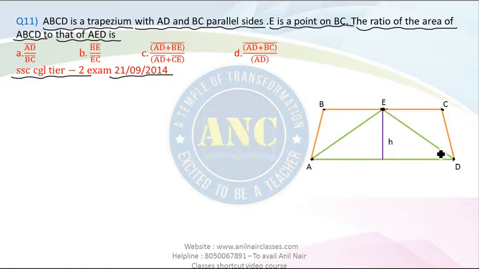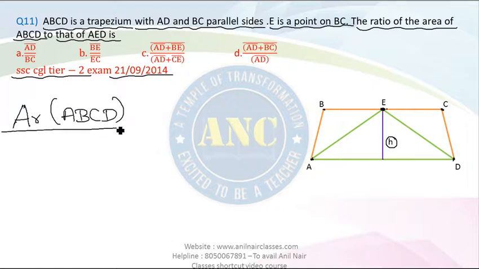This green color triangle AED with this orange color trapezium, ratio I need. Now I will drop a perpendicular from E onto AD. This is nothing but my height H. Very easy question, sir. Area of quadrilateral ABCD I require, and I need to take the ratio with the area of green color triangle AED. This is what they are asking.